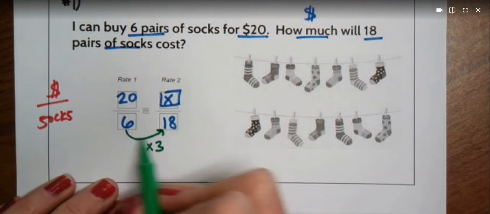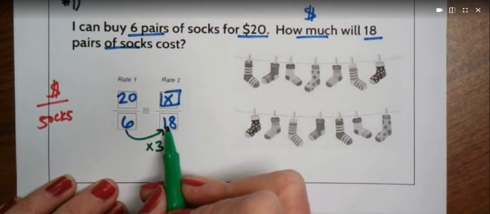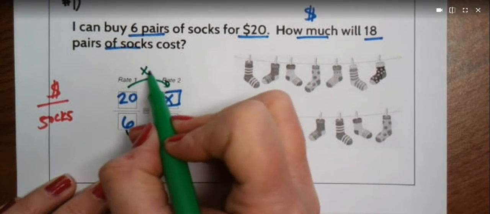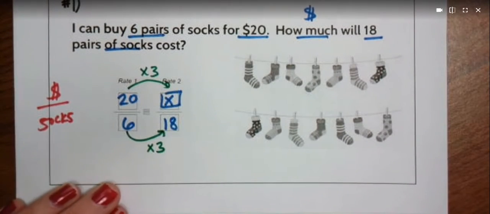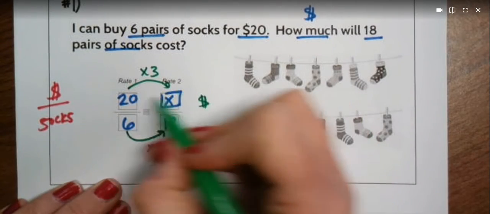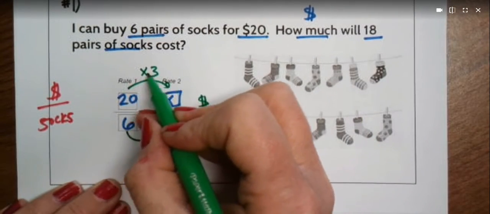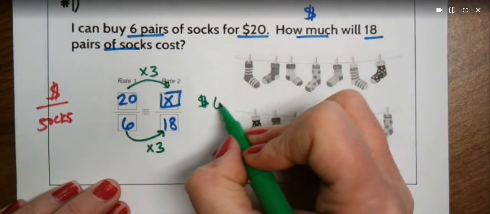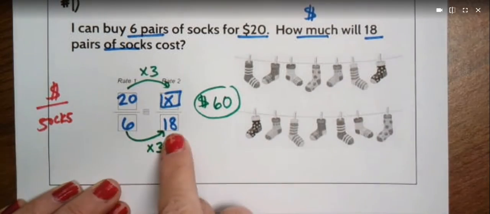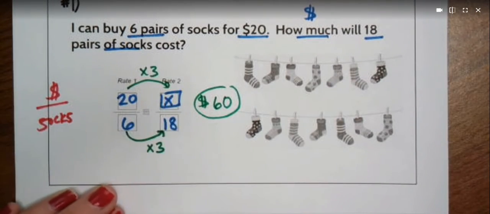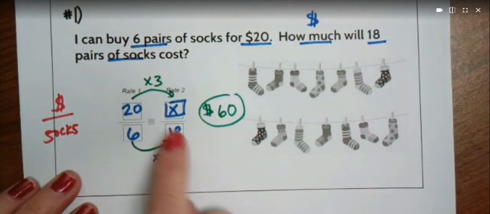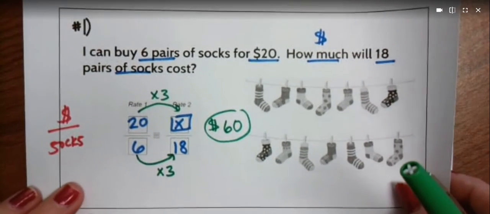So what this is saying is I'm really buying 3 times as many socks. So it's going to cost me 3 times as much money for those socks. So let's figure out how much money this is. $20, and we're going to triple it, and that's going to give us $60. If we triple the number of socks we're buying, we're going to triple the cost of the socks we're buying. All right, so here we were using a horizontal relationship with those two equal fractions.